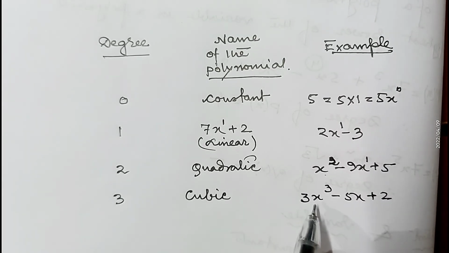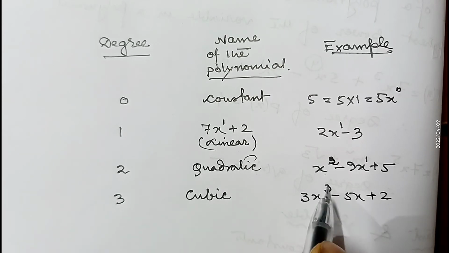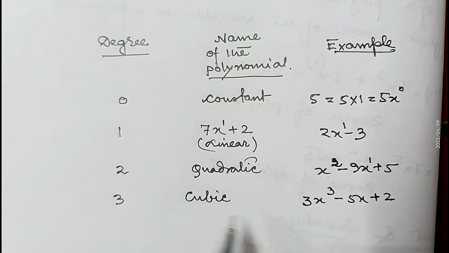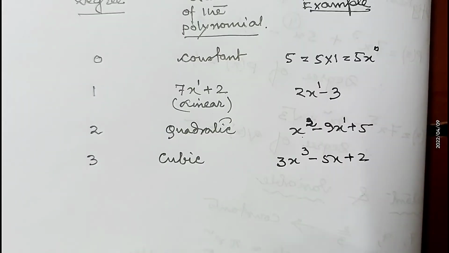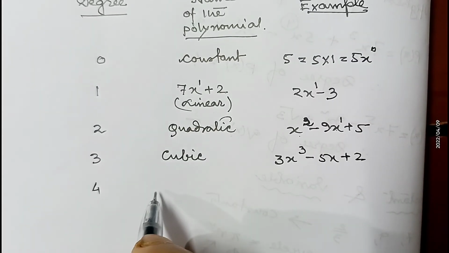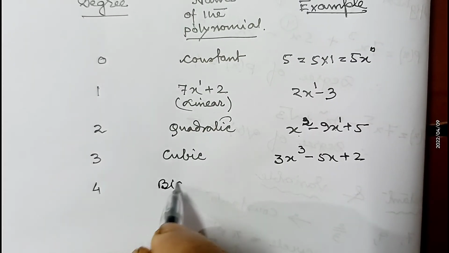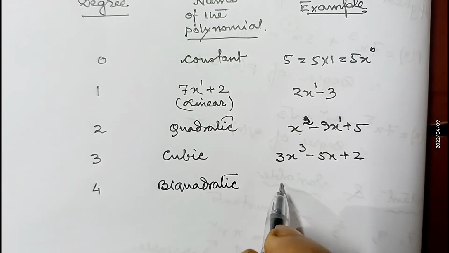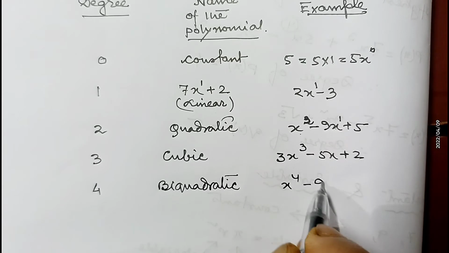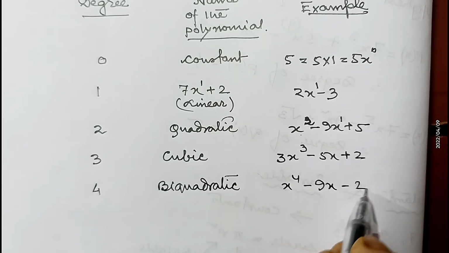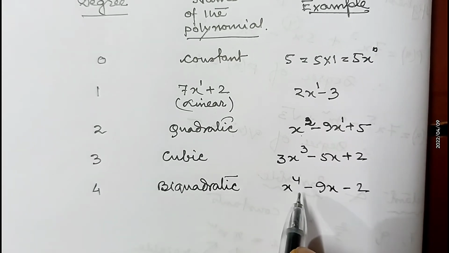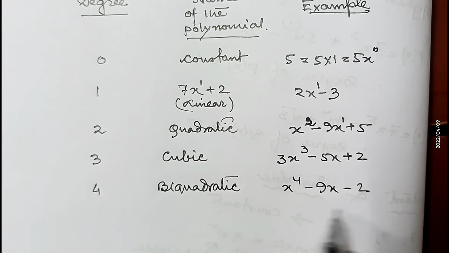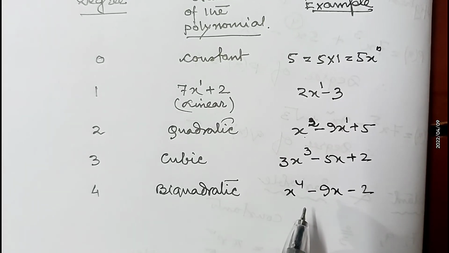In this case, maximum power of the variable is 3. If degree is 4, then it is called a biquadratic polynomial. We can write an example like x to the power 4 minus 9x minus 2. Here degree is 4, so this is an example of a biquadratic polynomial.